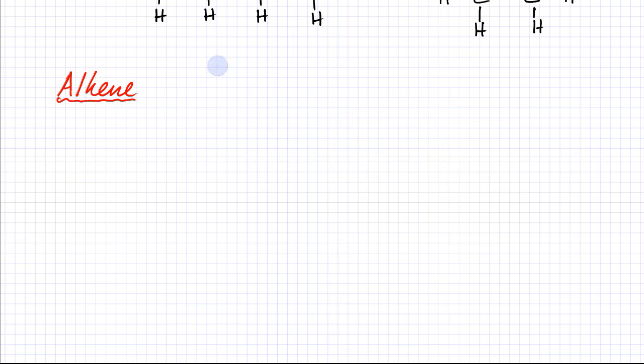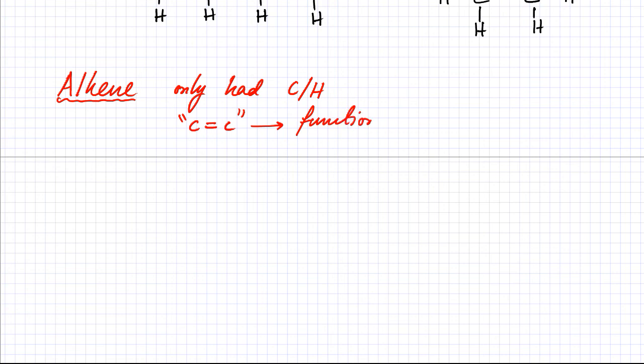An alkene also only had carbon and hydrogen atoms, and it had this functional group in it as well. There was always at least one carbon double bond carbon present. There could be more than one. So this particular functional group was present in an alkene. So all alkenes contain this functional group.